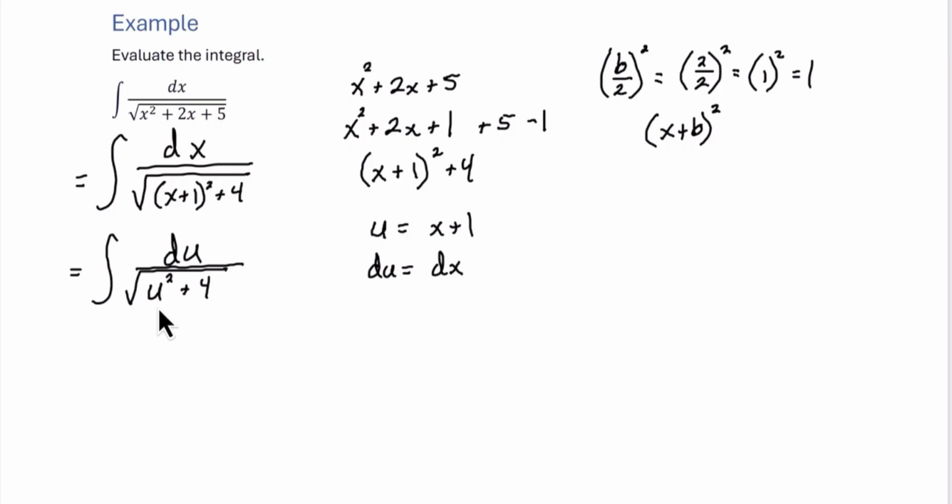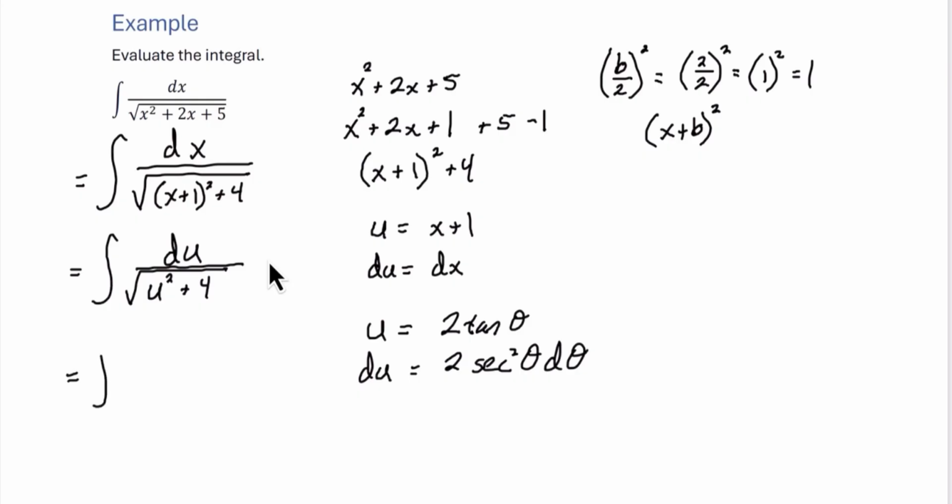Now it looks much closer to what we saw in previous videos. We have a variable squared plus a constant squared. Here the constant would be 2 squared. All of that under the radical. Now we can do the trig substitution. This time let's let u be 2 tangent theta. Du is then 2 secant squared theta d theta.